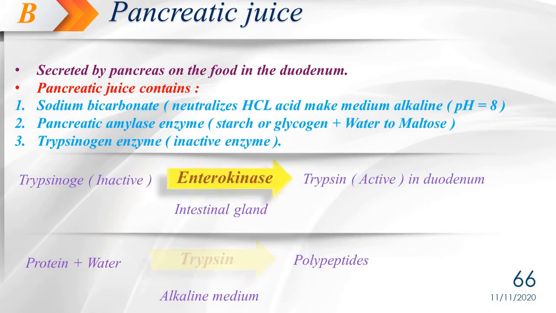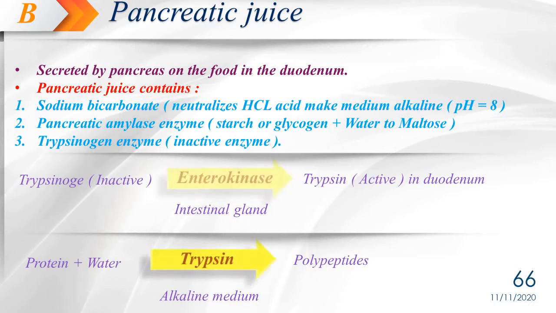The second juice is pancreatic juice. It is secreted from the pancreas and poured inside the duodenum. So these juices are not secreted from the duodenum but poured into it.